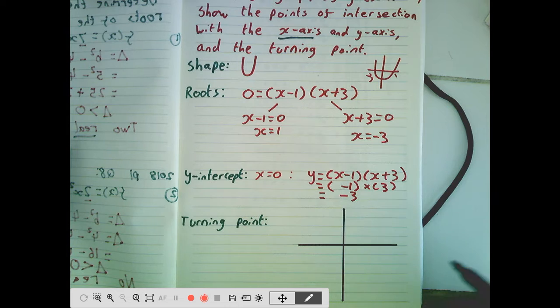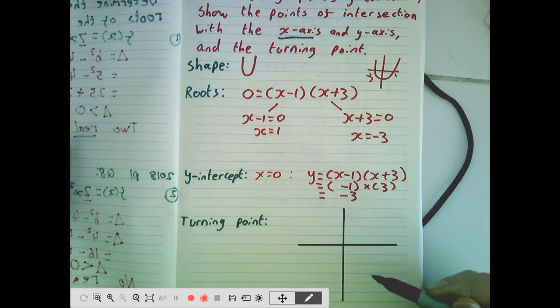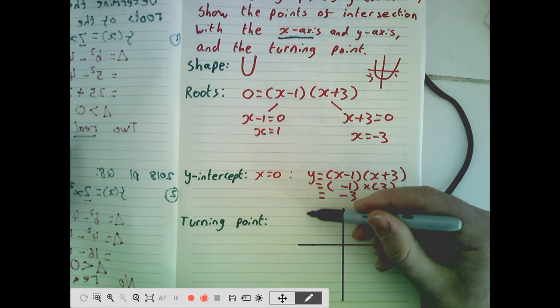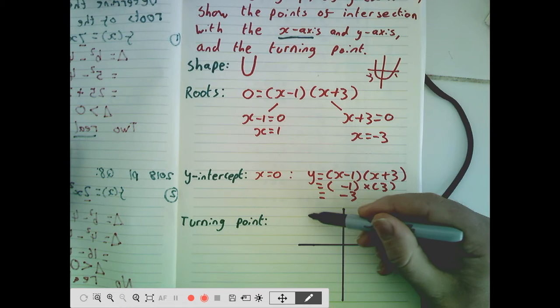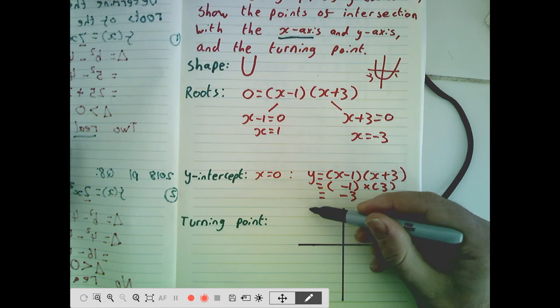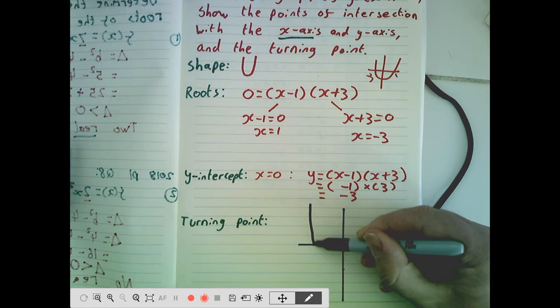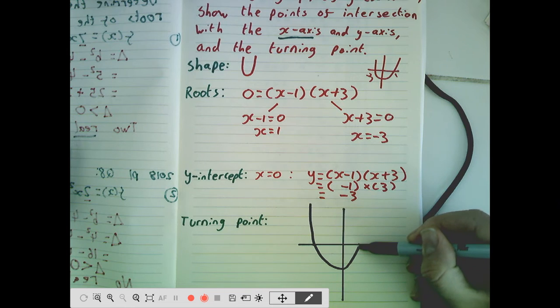We know the roots are negative 3, so let's call this point here negative 3. And let's call this point 1. And we know it's going to be a U shape. And we know it crosses the y-axis at minus 3. So let's maybe say this is about minus 3. And again, you draw this freehand. This is a curve, so you're not going to be using a ruler.